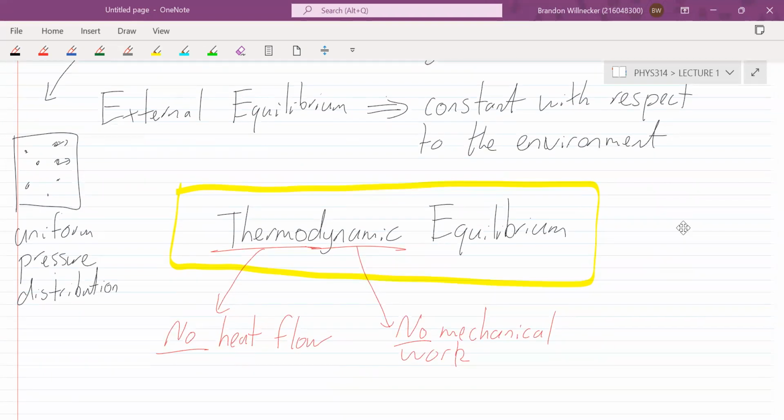Thermodynamic equilibrium, so we call that a system is in thermodynamic equilibrium if there's no net heat flow from the system to the environment, so same temperature, and no net mechanical work, to exchange energy that way. If you have those two, we say that it's in thermodynamic equilibrium.